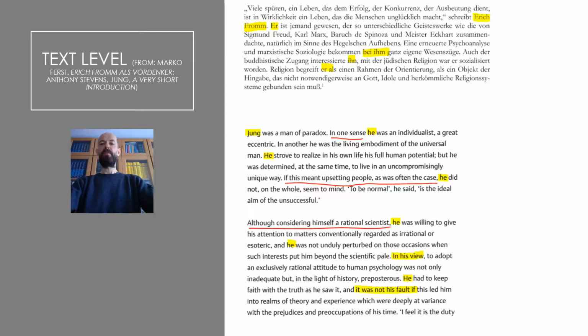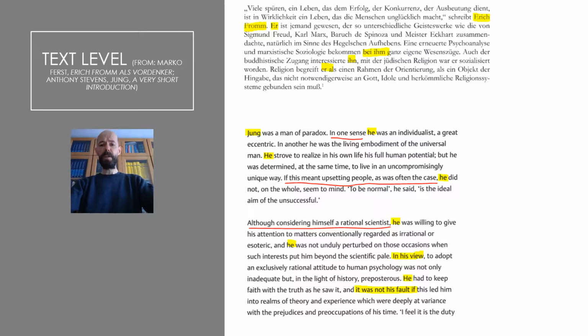No, sorry, this is not a fronted object. It's the subject, but Fromm occurs as object here, which would not normally be the case in English probably. And then we have "Religion" this time starting with a fronted object. "Religion begreift er als ein Rahmen der Orientierung."